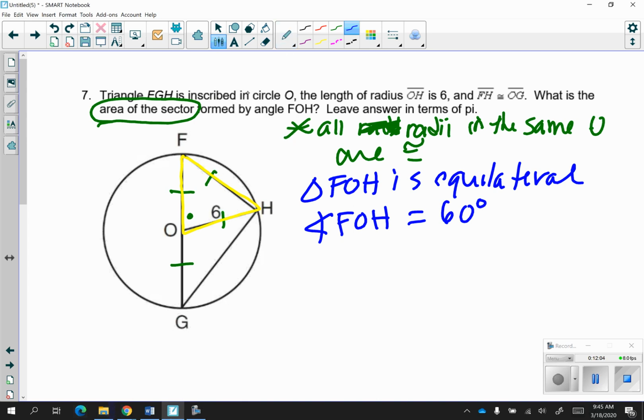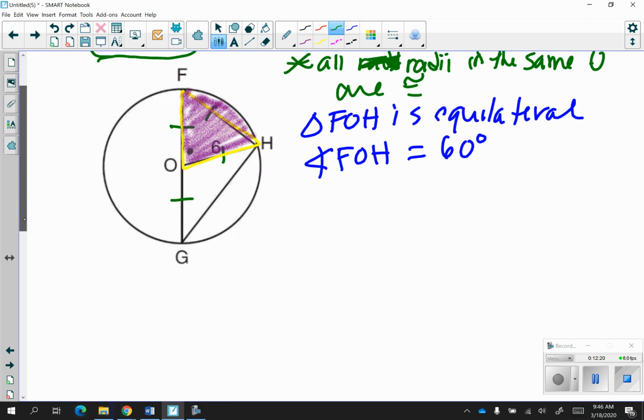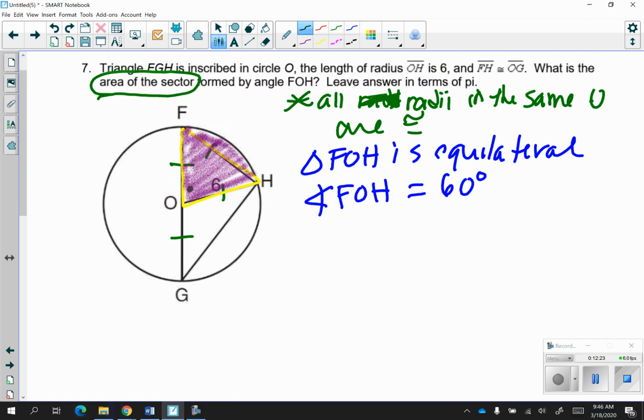We found the angle, but this says what is the area of the shaded sector. So keep in mind that we want this right here, the shaded sector. But at least now we have enough information to find that. So let's set up our proportion. Keep in mind, it's still little to big. Do I know the angle?